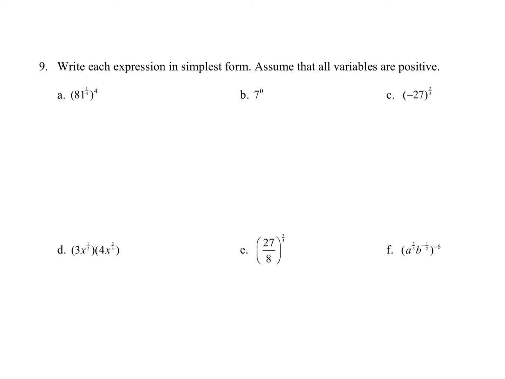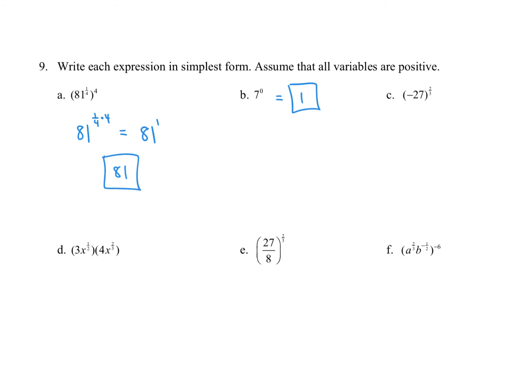Okay, for this first one, 9a, if I apply the property of exponents where you raise a power to another power, you multiply your exponents. This is 81 to the 1/4 times 4, and 1/4 times 4 is 1. So this is just 81 to the first power, which is 81. In part B, anything to the 0 power is 1, always.